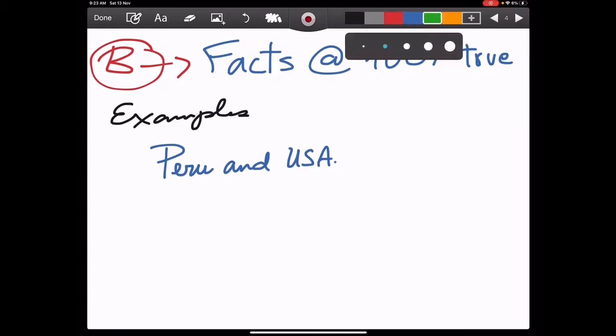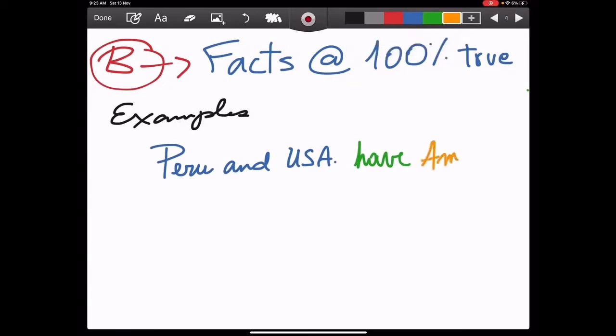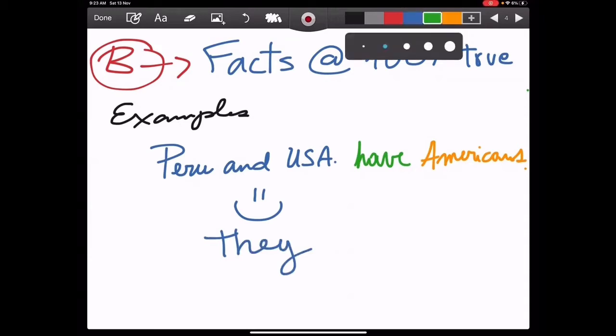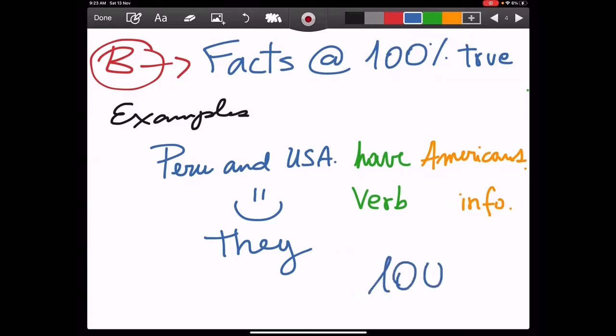So Peru and USA have got American people, right? We are American people. Peru and USA have Americans. Subject is plural, the verb have, and the info Americans. Remember the pattern: subject, verb, information. For something that is true, it's a fact.